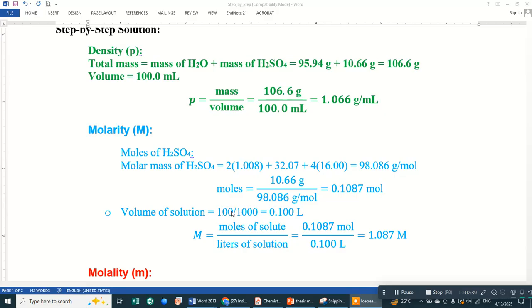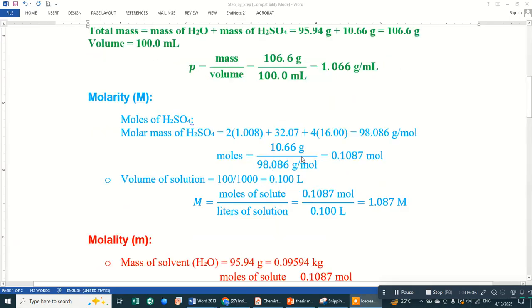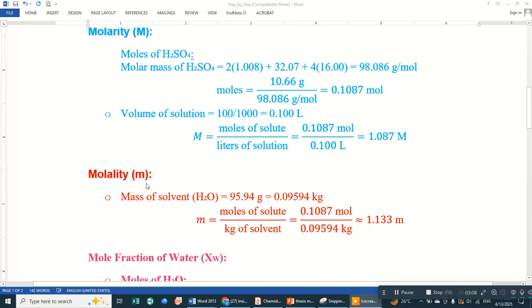We change this volume into liters by dividing by 1000, that is 0.1 liter, because for molarity, always change your solution volume into liters. Okay, then number of moles of solute divided by the solution in liters. The molarity of sulfuric acid is 1.087 molar.